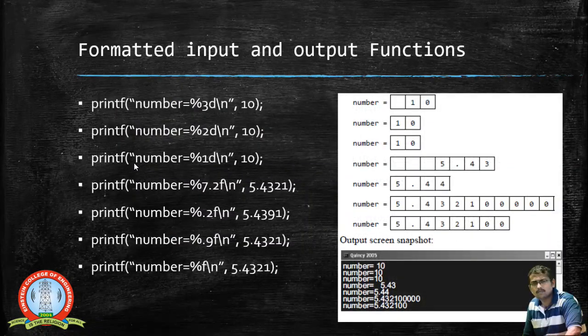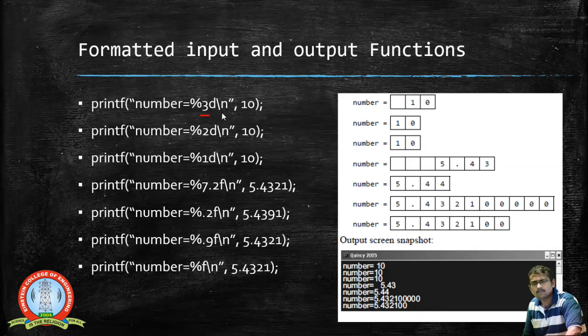Now when you look at the width, for example this is a printf statement where I am using a width equal to 3. The value I am passing here is 10. So 10 would normally be printed as is, but here I have given the width equal to 3.